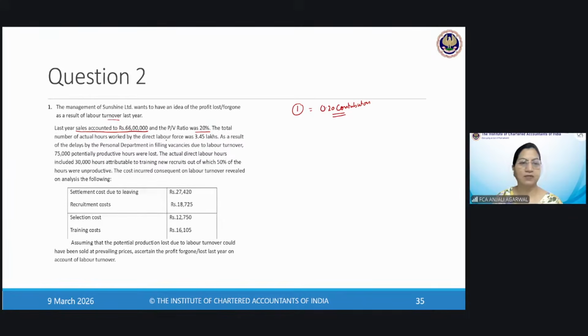The actual hours worked by the direct labor workforce was 3.45 lakh. So 3.45 lakh hours total work was done. But there was delay by the personnel department in filling vacancies, because of which 75,000 potential productive hours were lost.